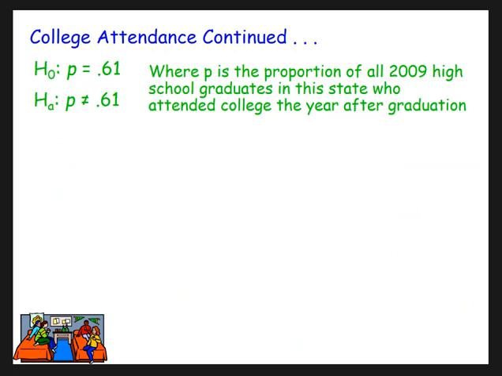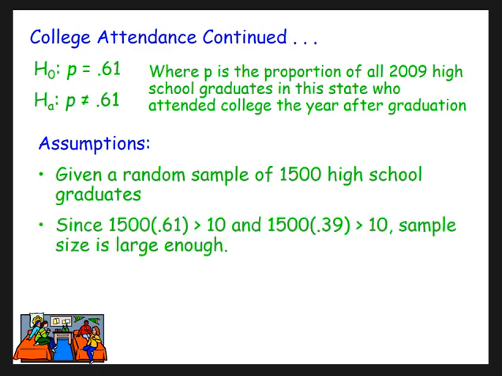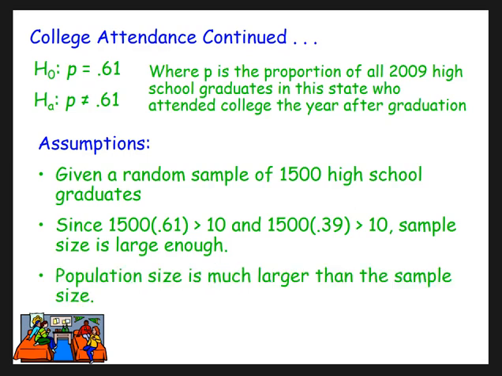So from those hypotheses, we're going to find our test statistic. Our assumptions, of course, that the 1,500 students were a random sample. We see that 1,500 times 0.61 is definitely bigger than 10. 1,500 times 0.39 is also bigger than 10. And we're assuming the population size is at least 10 times larger than the sample size.